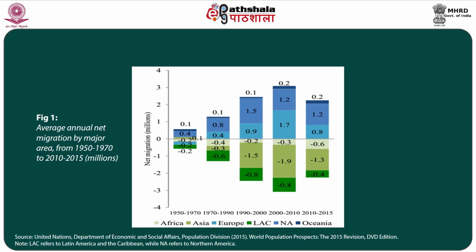Here LAC refers to Latin America and the Caribbean, and NA refers to Northern America. From 1950-70 to 1970-90, we can see the kind of changes that happened in average annual net migration in different major areas of the world. Similarly, we can also see the changes in the subsequent periods, namely 1990 to 2000, 2000 to 2010 and finally 2010 to 2015.